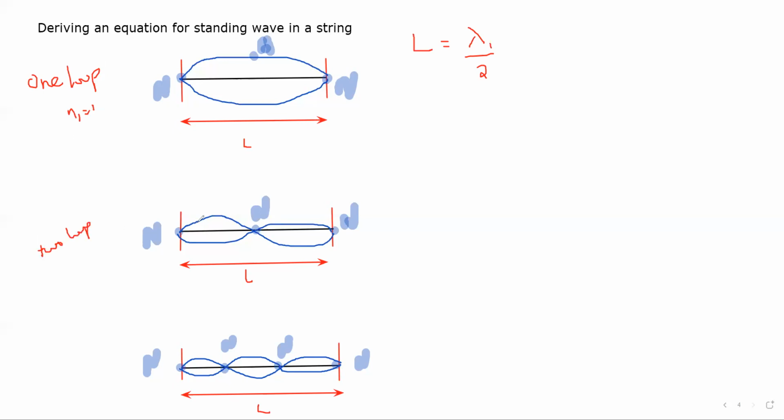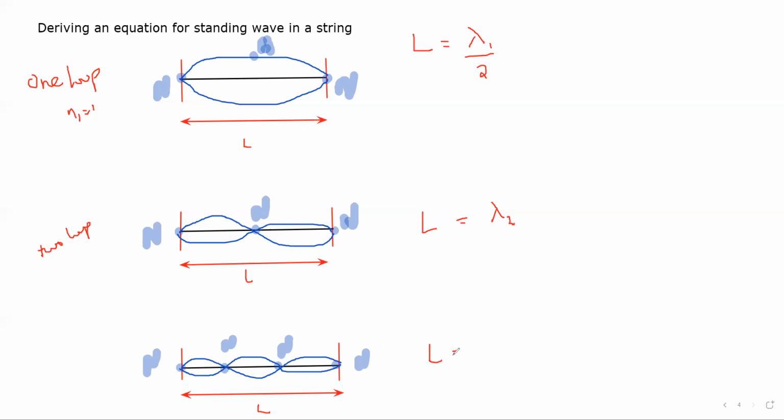When it is vibrating in two loops, the length is equal to the wavelength, lambda 2. And if it is vibrating in three loops, this is lambda by 2, lambda by 2, and lambda by 2, so it is 3 lambda by 2.